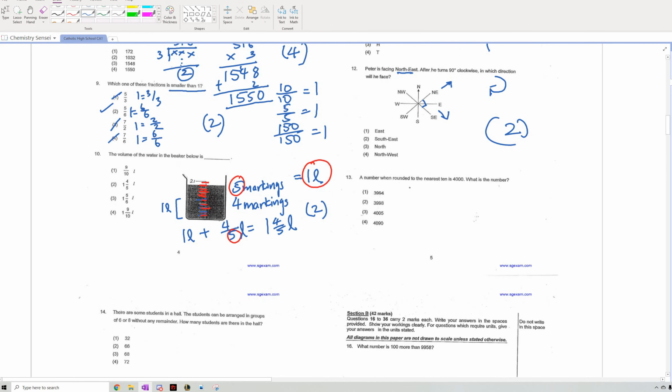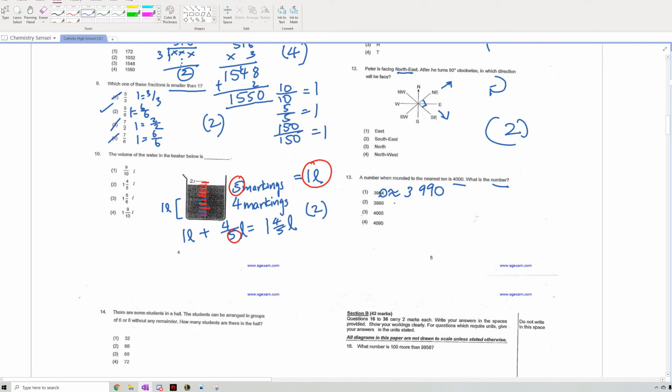Question 13. A number when rounded to the nearest 10 is 4000. What is the number? So when we round option 1 to the nearest tens, we will get 3990. We round down because the number 4 is smaller than 5.